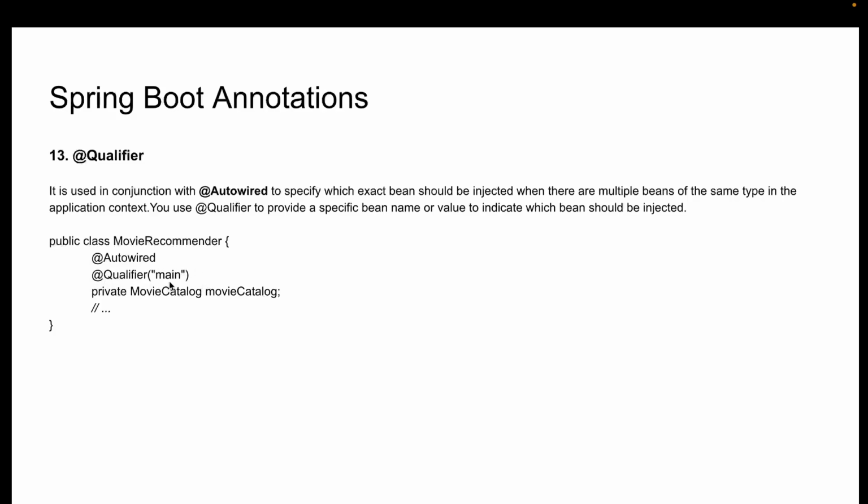So you want to call the main movie catalog. In the qualifier, you can just pass the name of the movie catalog that you want to call. It is used when we have a lot of bean definitions for the same object. Movie catalog is one object, but we have multiple definitions for it.